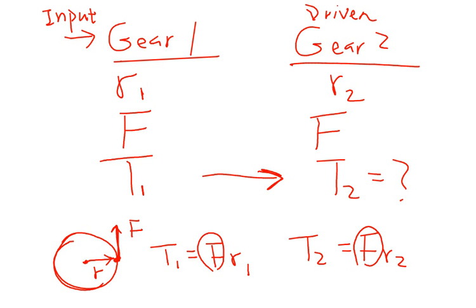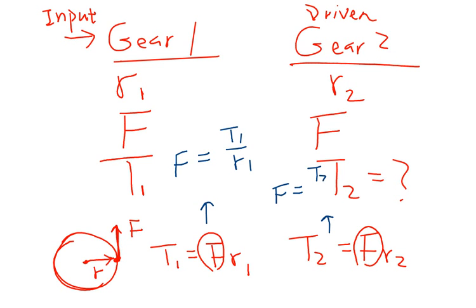So what can you do with this? If you solve for force in both equations, you get F equals T1 over R1, and F equals T2 over R2. You equate the two, since the forces are the same, and you get T1 over R1 is equal to T2 over R2.